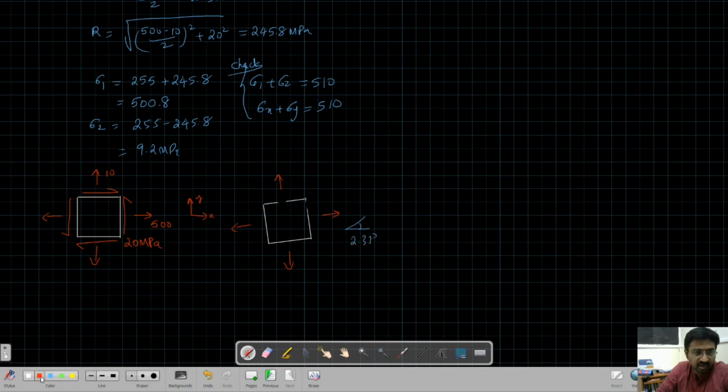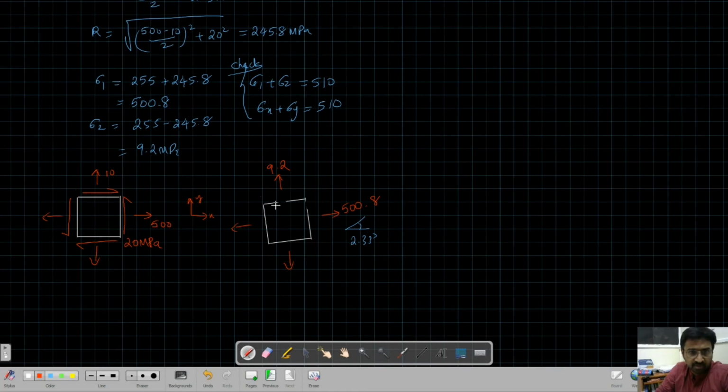If you answer it with this graph, it will be better. In one direction it is 500.8, in the other direction it is 9.2, and shear stress is 0. So this is the orientation of the principal plane.